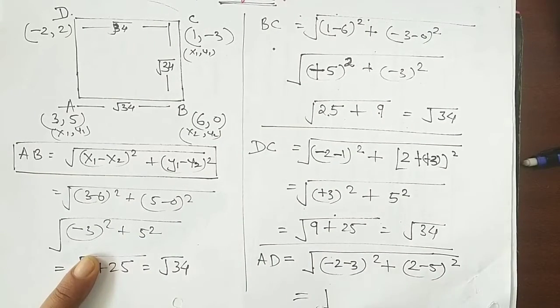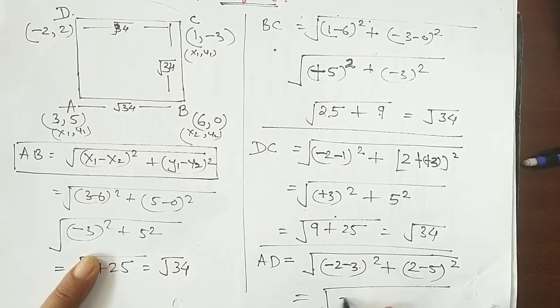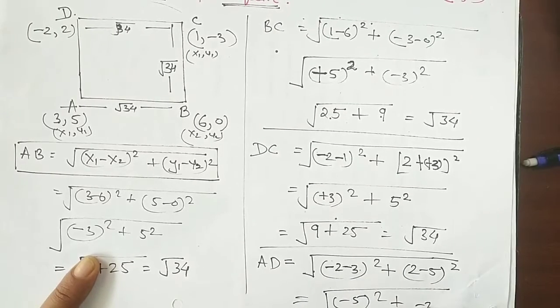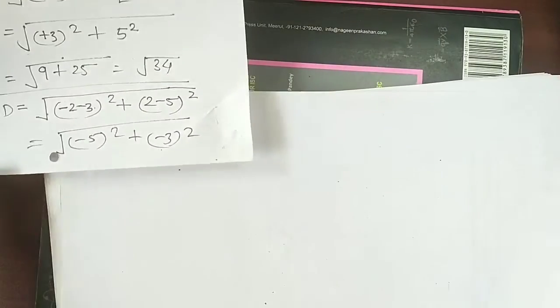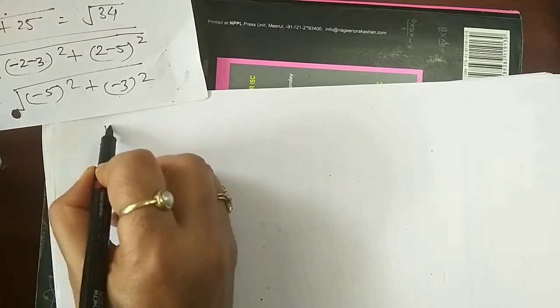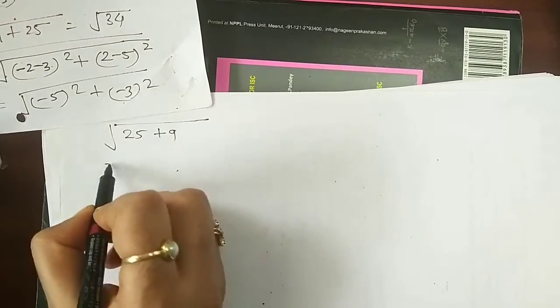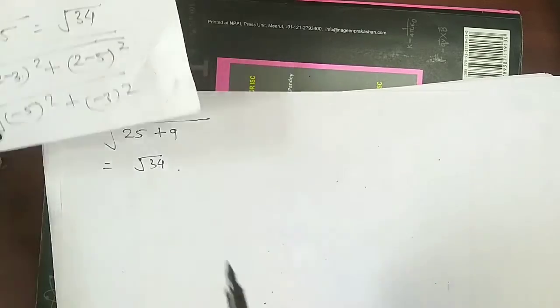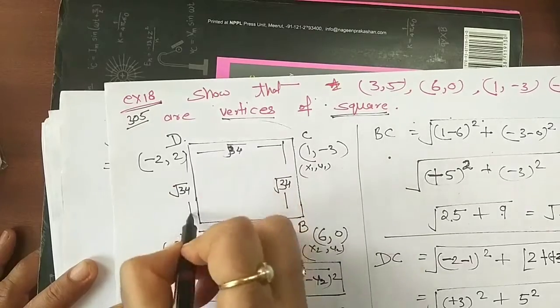So here when we do square of a negative, this will be (-5) square plus (-3) square. Okay, so it will be root of 25 plus 9, which is again root 34. Yeah, good. I got all 4 same.